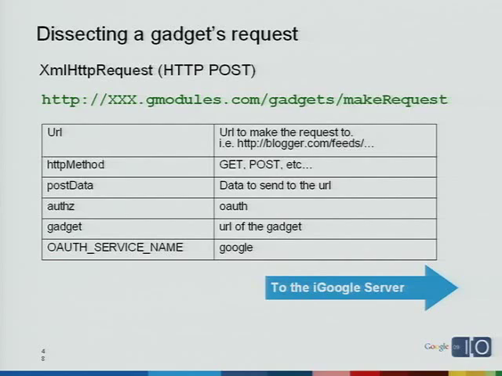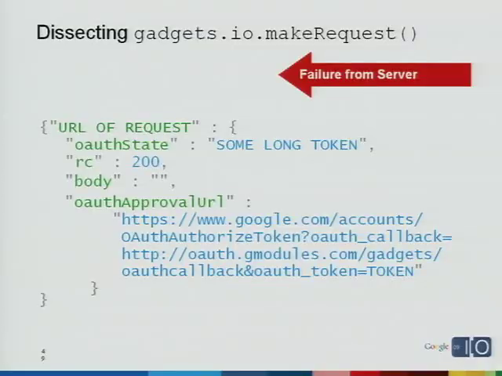However, if the user isn't logged in using OAuth, then the Blogger server is going to say, hey, wait a minute, this user doesn't have permissions yet, and it's going to send back a failure response. And that failure response looks something like this. So it's going to be a JSON object, and all the responses back to gadgets.io.makeRequest are going to be JSON objects. However, notice that the body of this response is empty.